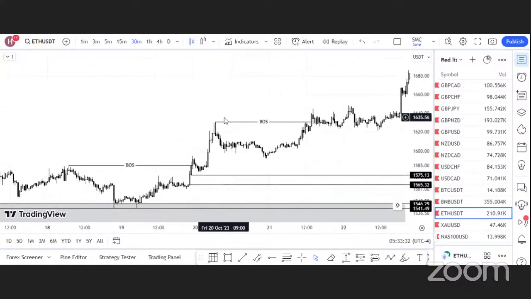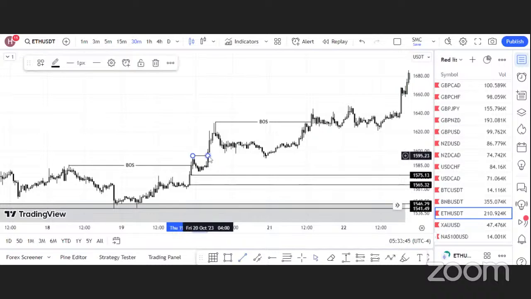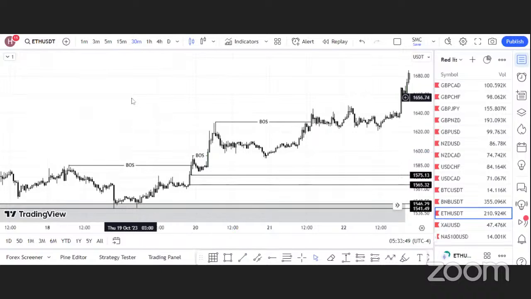All right. So you see, we have this area, but immediately this market made this move, it gave us a break of structure around here. You see what happened next? Okay, so this market gave us a break of structure around there. We had that little break of structure here. You see how the market came back into this fair value gap, all right? So we have this small fair value gap around this area.